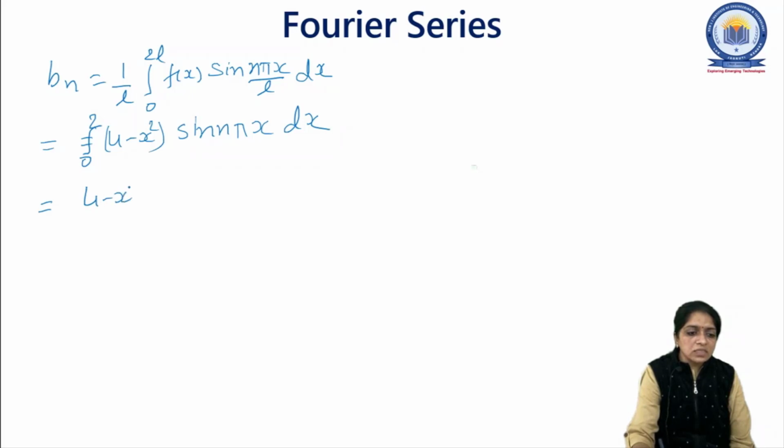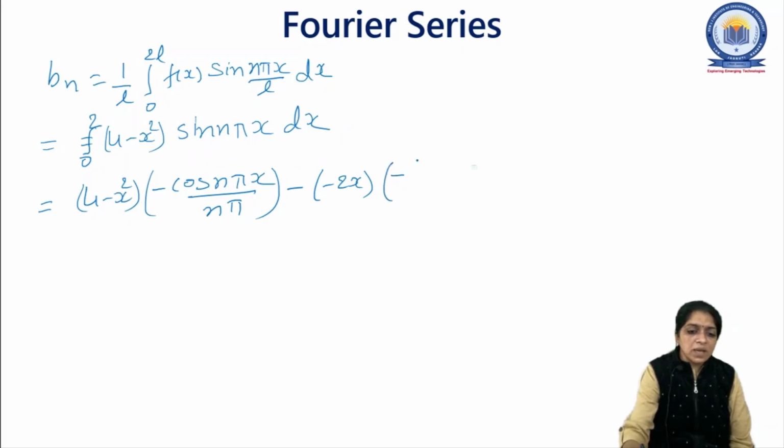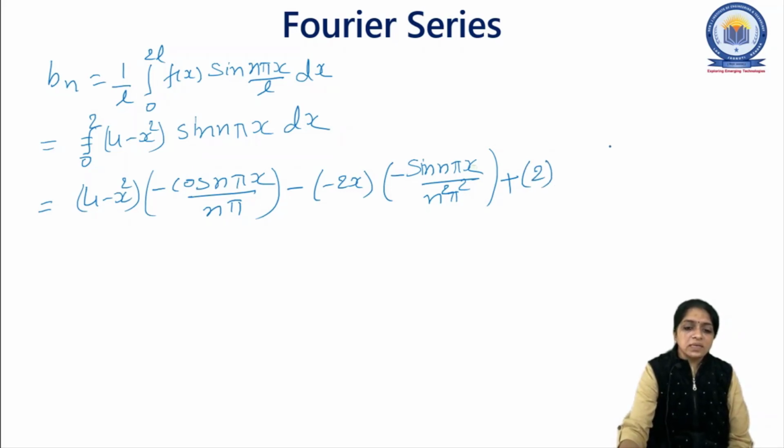So 4 minus x square, keep it the same. The integration of sin(n pi x) is minus cos(n pi x) upon n pi, minus the derivative of 4 minus x square, that is minus 2x, and the integration of minus cos(n pi x) is minus sin(n pi x) upon n square pi square, plus the derivative of minus 2x, that is minus 2, and the integration of minus sin(n pi x) is minus minus plus, that is cos(n pi x) upon n cube pi cube, and the limits are 0 to 2.